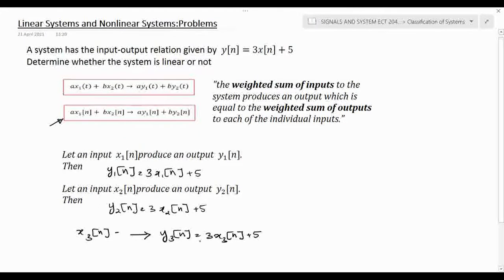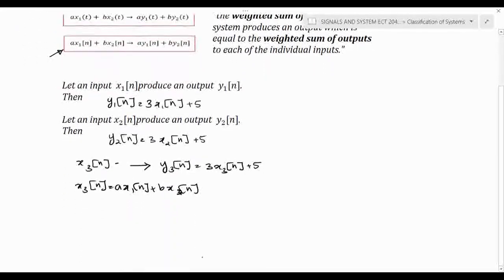So this is the third output, and we'll assume that x3 of n is a linear combination of x1 of n and x2 of n. So you can write x3 of n as a combination of the two inputs, a x1 of n plus b x2 of n.